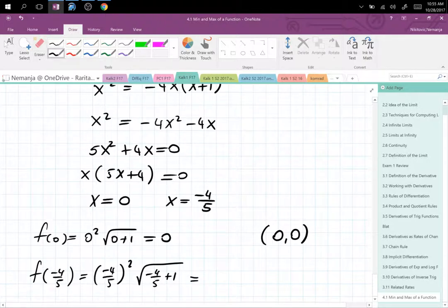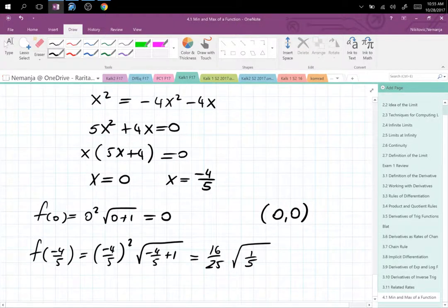So that's 16 over 25 times the square root of, and over here, when I put the 5, it's 1/5, right? Because 1 is 5 over 5, and 5 over 5 minus 4 over 5 is 1 over 5.